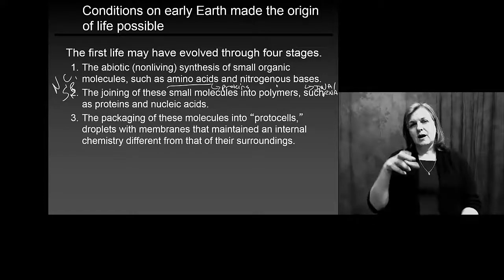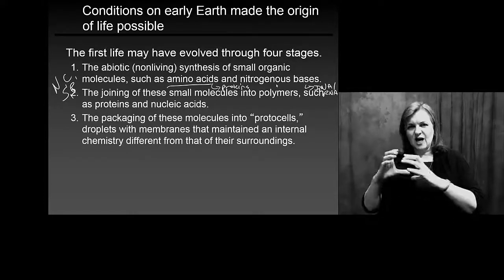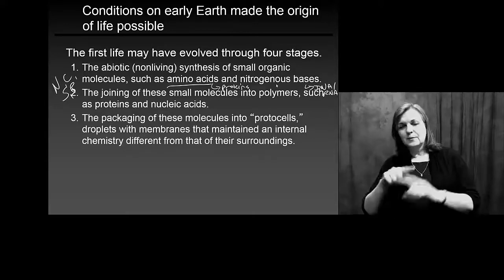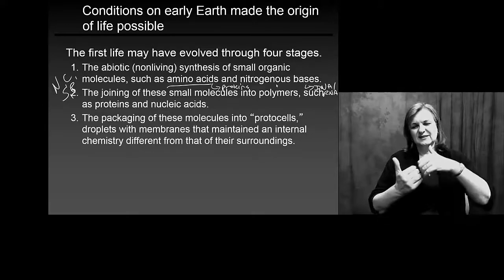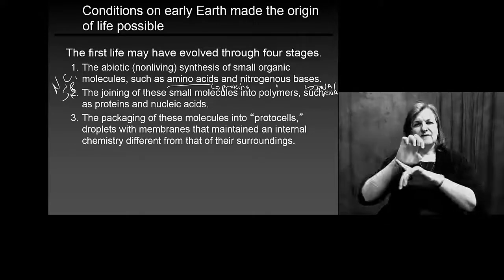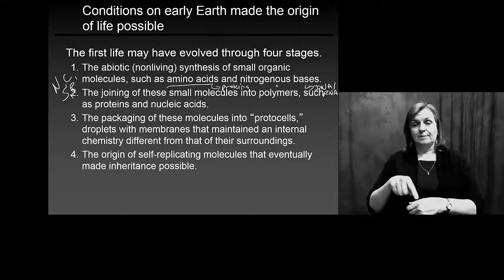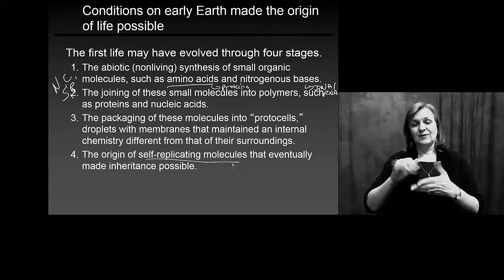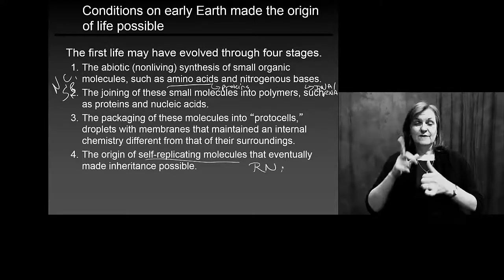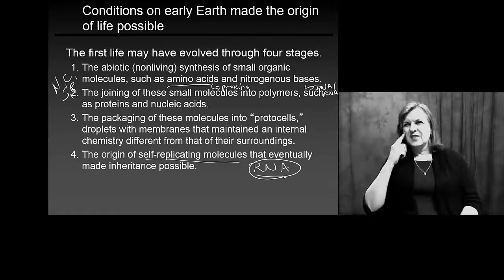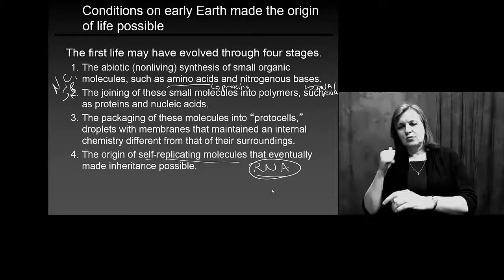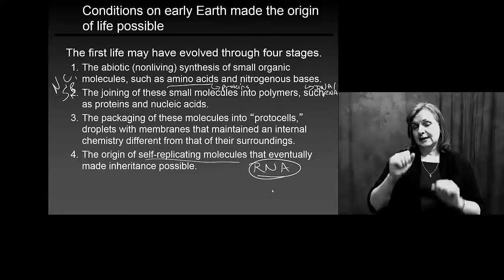This is not a cell as you think of it today with organelles, but instead really an oily surface to separate those forming polymers from the rest of the environment, which would tend to chew them up. And eventually we have to get to the point of self-replicating molecules, and we think that the first one was probably RNA. We don't lean towards DNA because DNA is not self-replicating, but RNA will self-replicate.